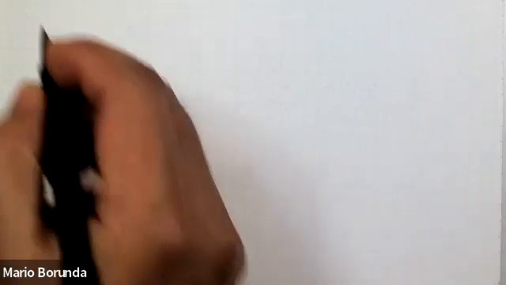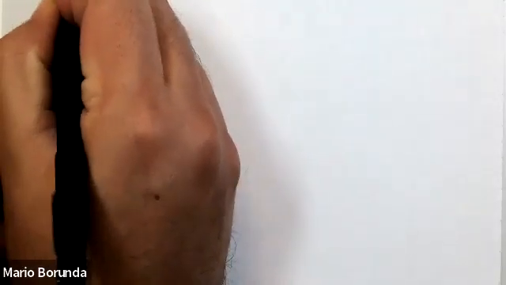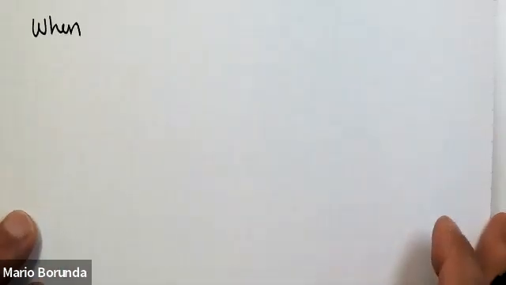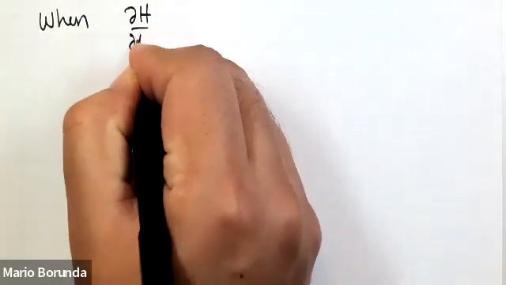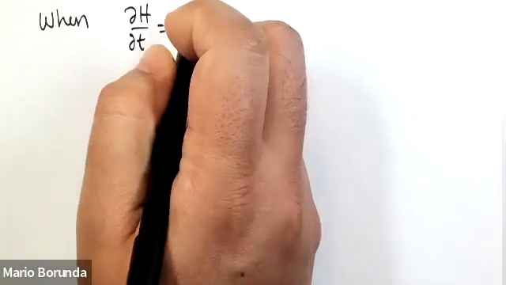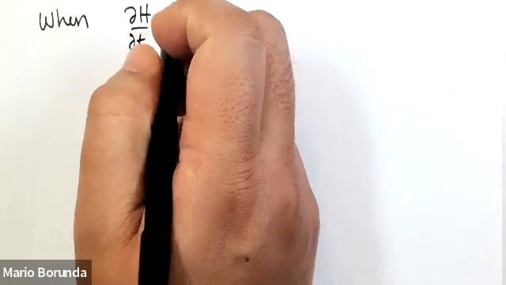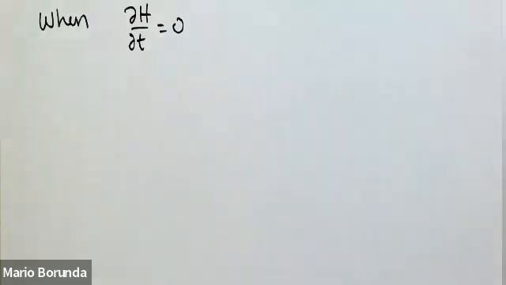So what happens if the Hamiltonian is conserved? If we have that the Hamiltonian is conserved, we would get that this thing is equal to 0. And what does that mean?